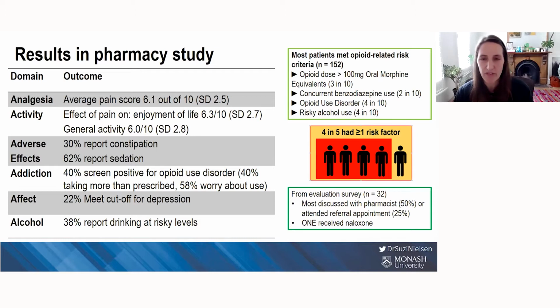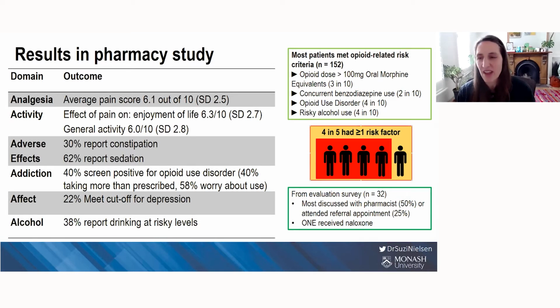And we found from the evaluation survey with a subset of these patients that as a result of doing the review, most patients had a conversation with their pharmacist that was helpful, and a further 25%, in addition to speaking to their pharmacist, actually went back and had a referral appointment to discuss these issues.